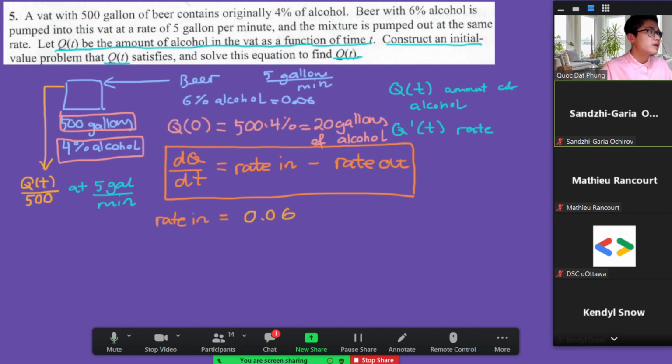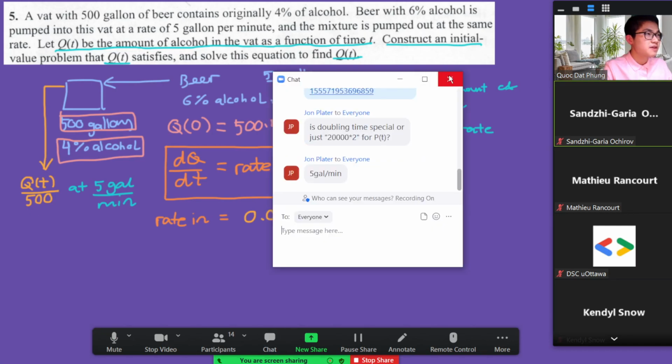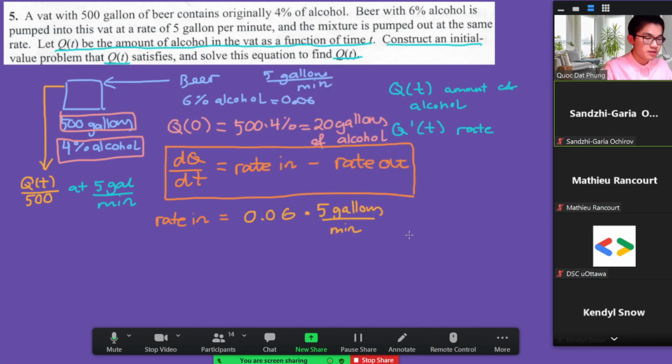Well, we know that it's going in at 5 gallons per minute, so times 5. I see there's a question in the chat. Perfect, yes, it's 5 gallons per minute. And if you multiply those together, you get 0.3. The unit here doesn't really matter because writing the unit out doesn't really help us in this case.